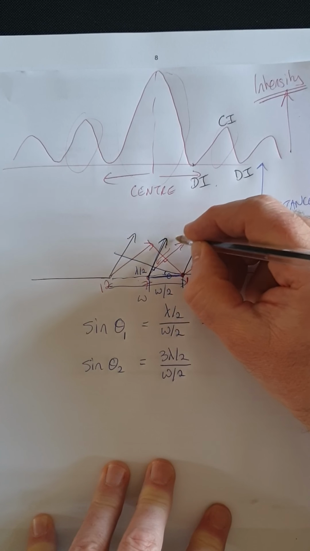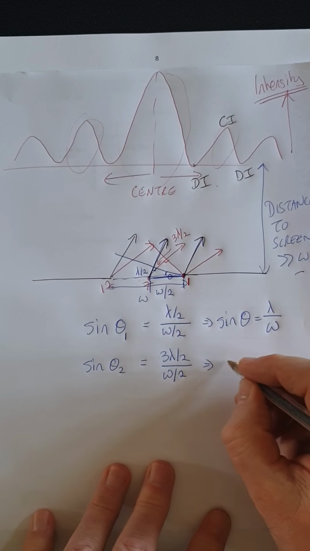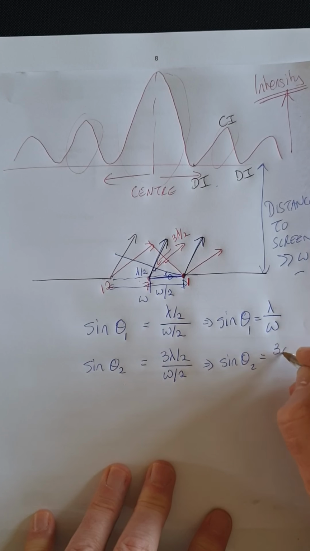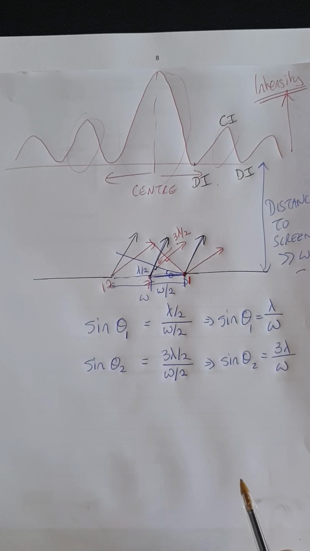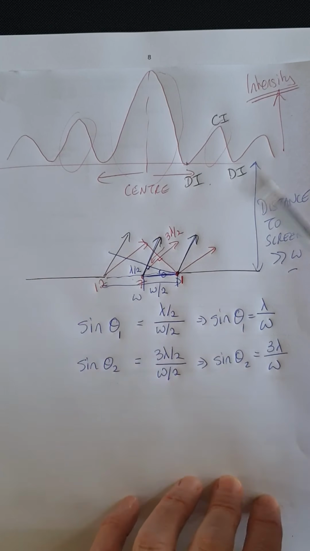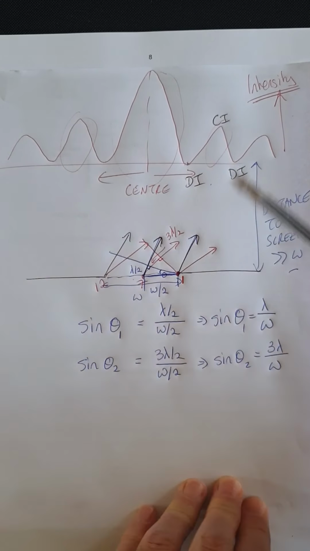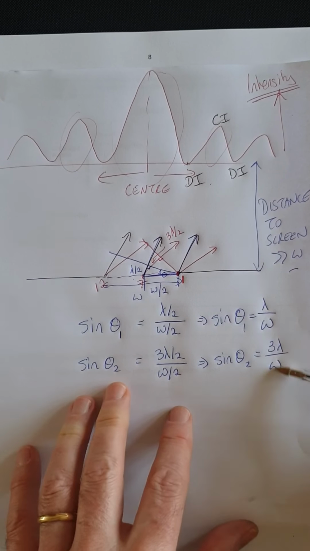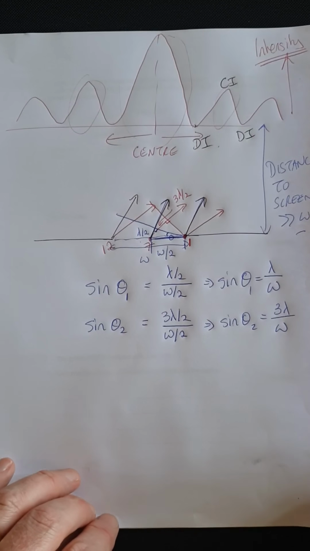So that length there would be 3 wavelengths over 2, and that would give us that the sine of this angle is equal to 3 times the wavelength over the slit width. Okay. And we can see how we can have a formula to work out the angle to any particular point. Okay, right, so once we've got that, we can now look at what that means.